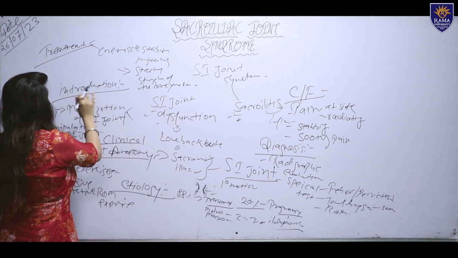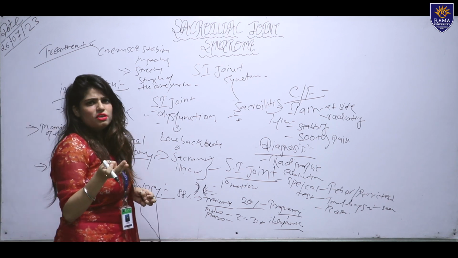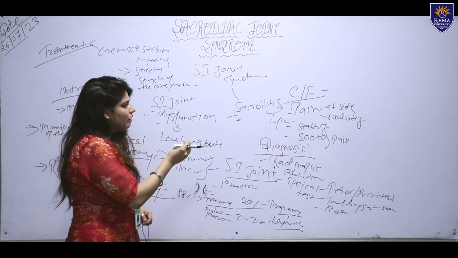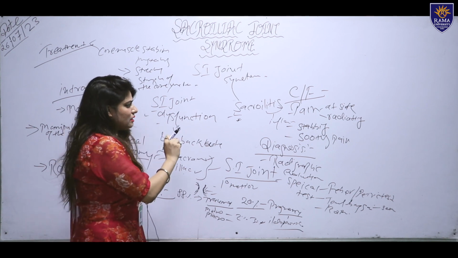Now the clinical features of the SI joint: pain occurs in the SI joint, stabbing, shooting, radiating pain, and an inflammatory process occurs in the SI joint.